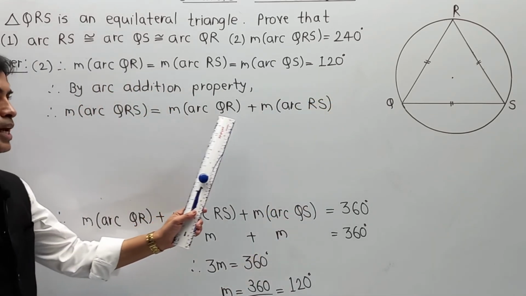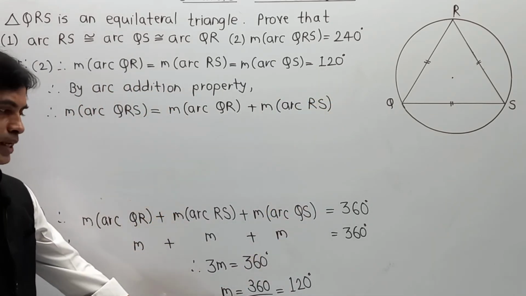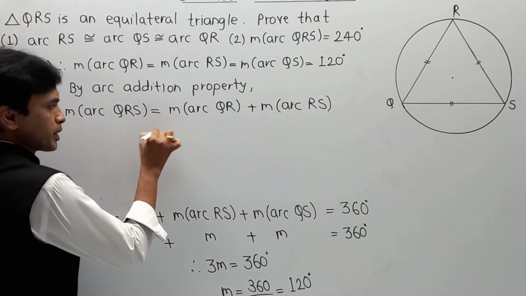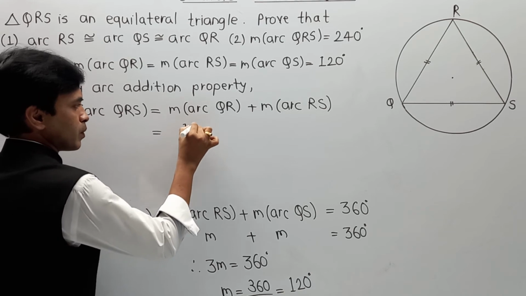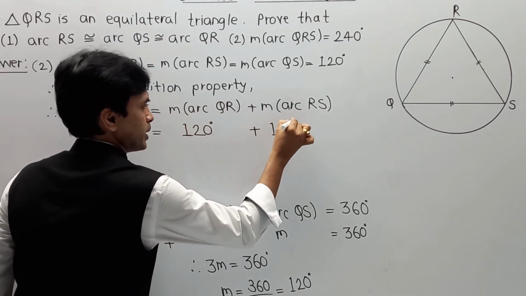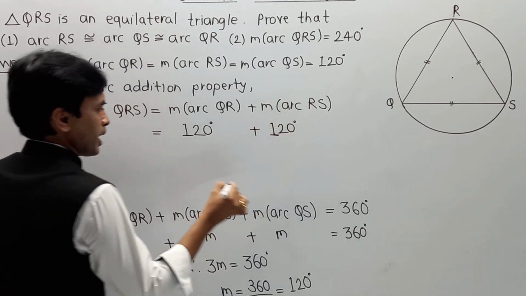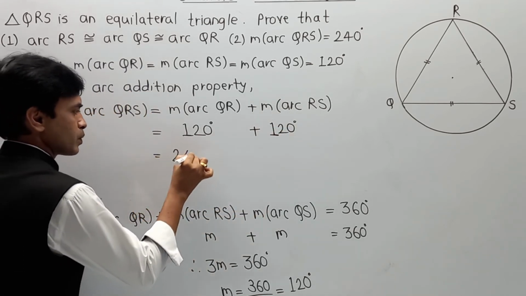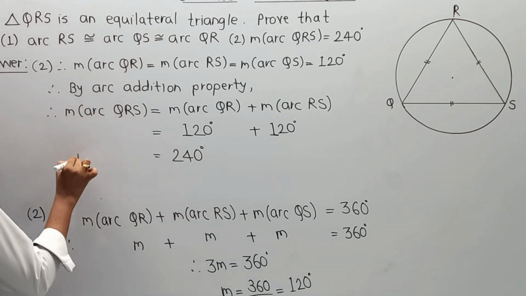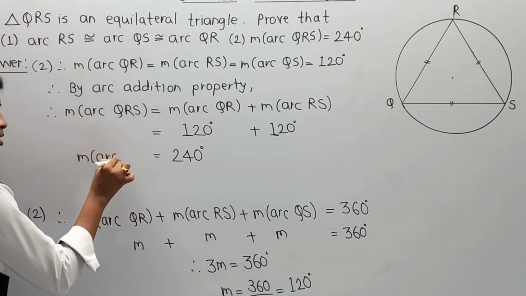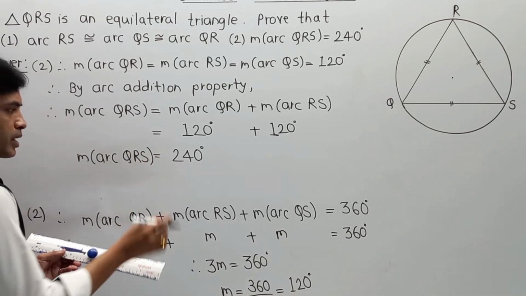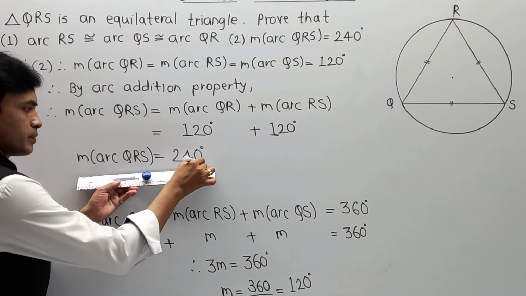Now the measure of major arc QR is 120 and the measure of RS is also 120. So it becomes 120 degrees plus 120 degrees, and the addition of both is 240 degrees, and that is nothing but the value of major arc QRS. In this way you can solve the numerical.